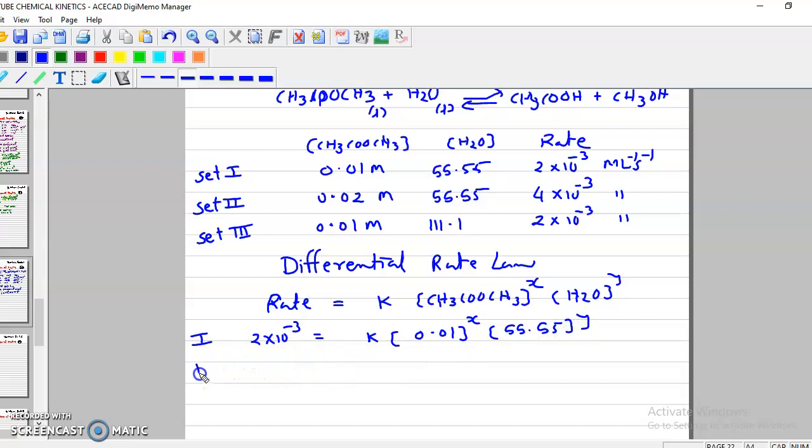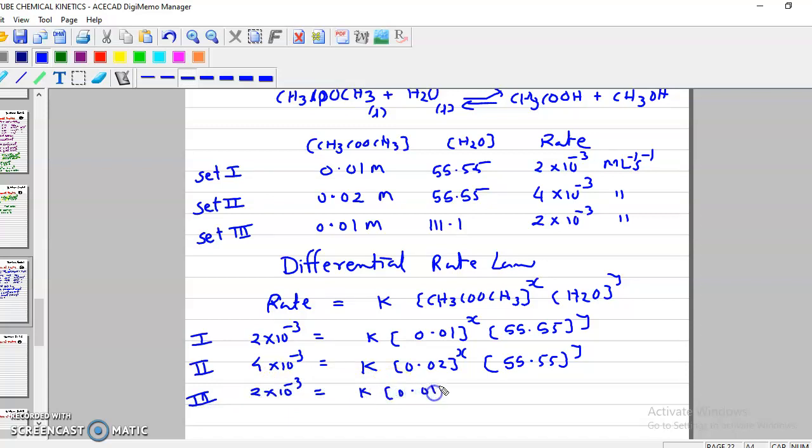Now set 2, that is 4 into 10 raised to minus 3, which is equal to K 0.02 raised to X and 55.55 raised to Y. According to set 3, it is 2 into 10 raised to minus 3 is equal to K, this is 0.01 raised to X, and here 111.1 raised to Y.